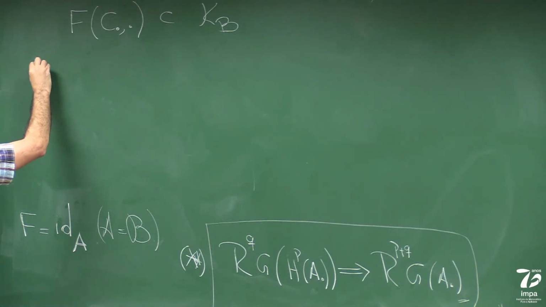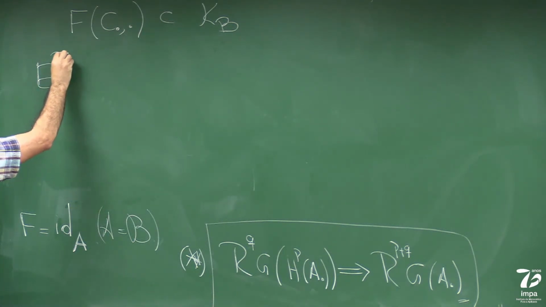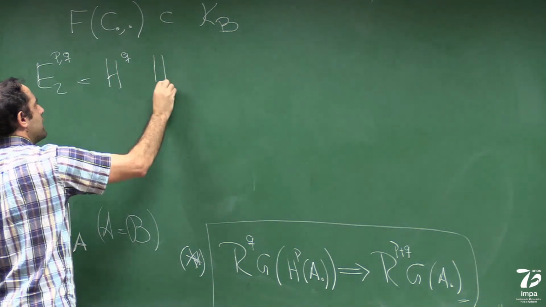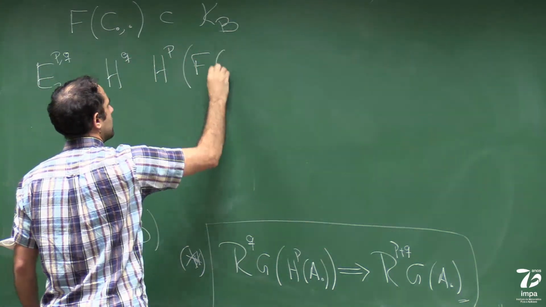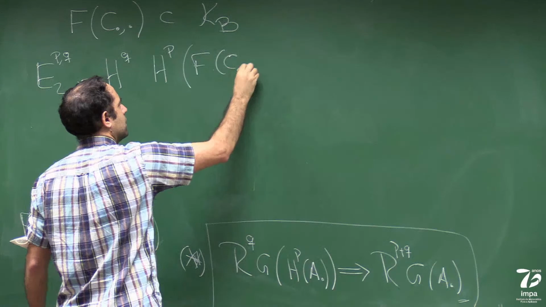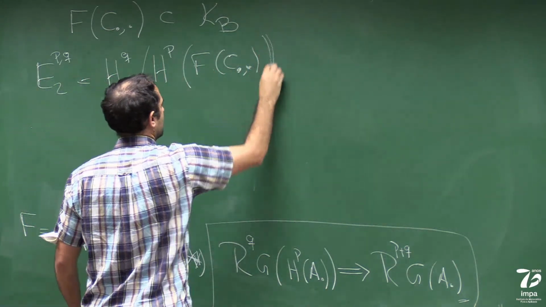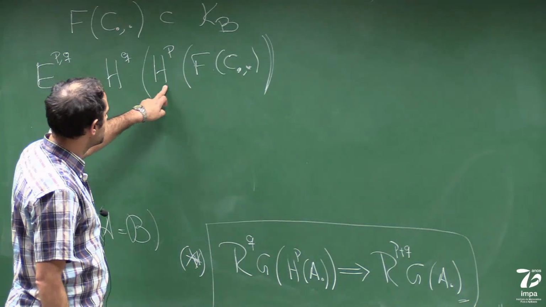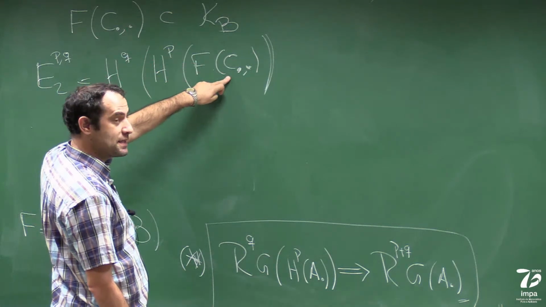Again, I have this spectral sequence for this double complex, whose E2 term is HQ of HP of F of C double. But F of HP of F of C, where these are all acyclic.